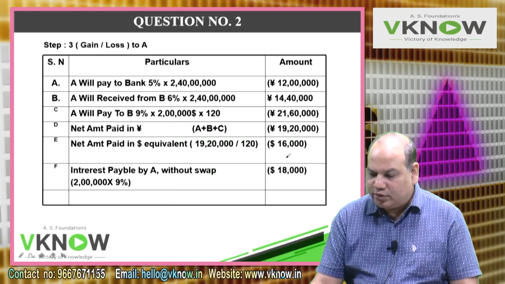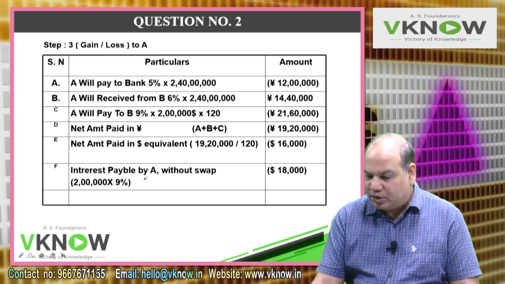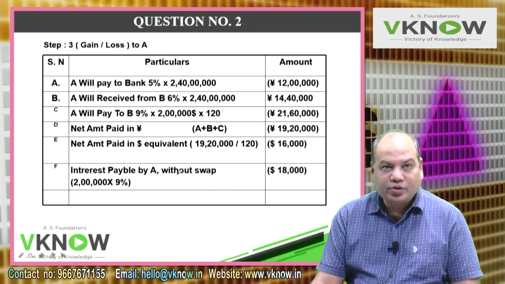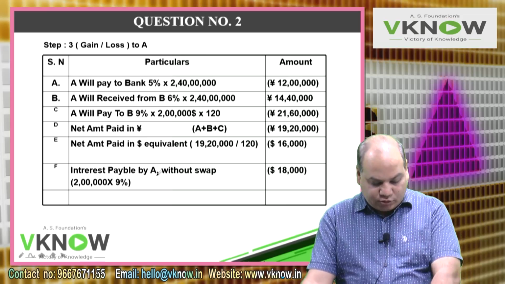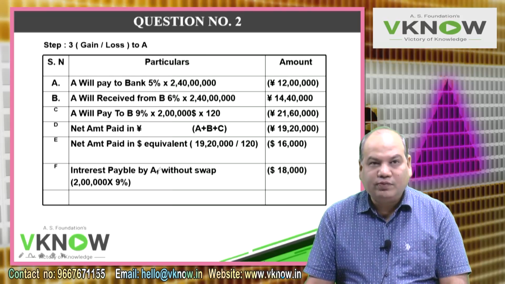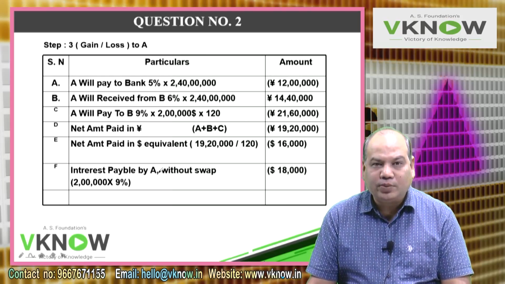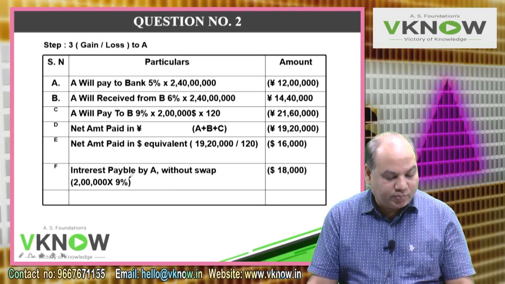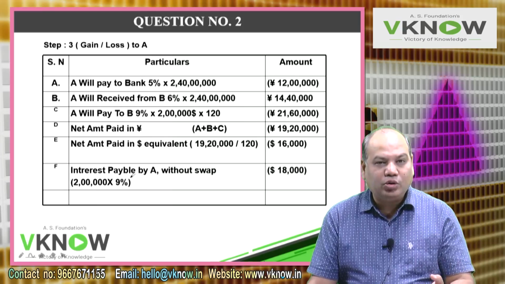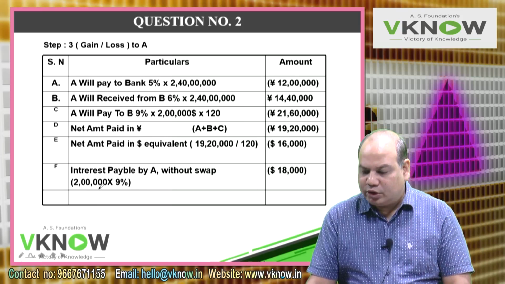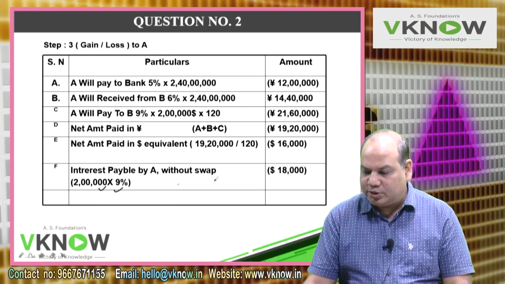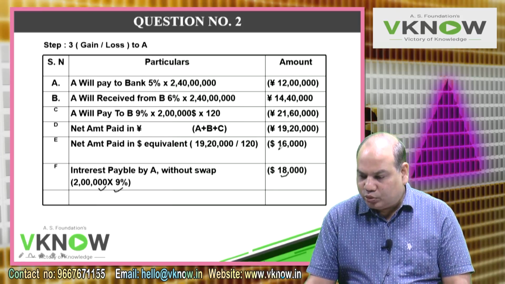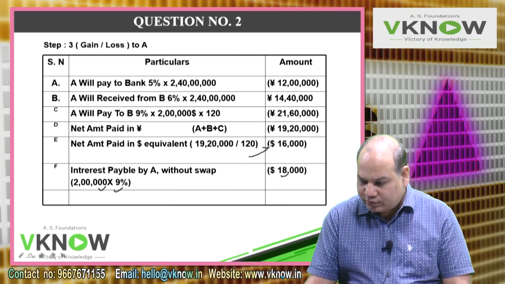Point number F, write down interest payable by A without swap. Which means if A would not have entered into swap, how much it would have paid? Suppose it would have directly gone to the bank, taken dollar loan at 9%, then it would have paid 2 lakh into 9%, $18,000. Here you have paid $16,000.